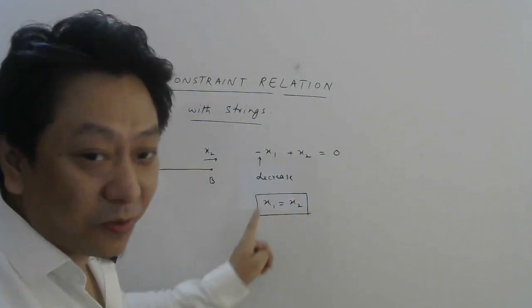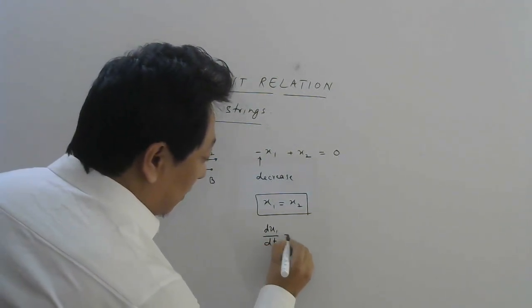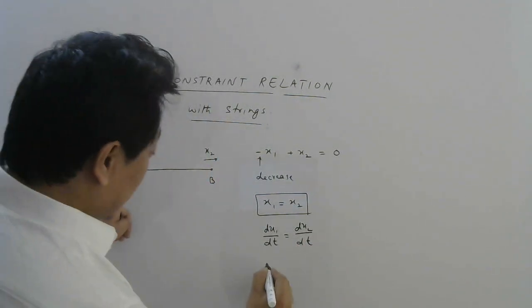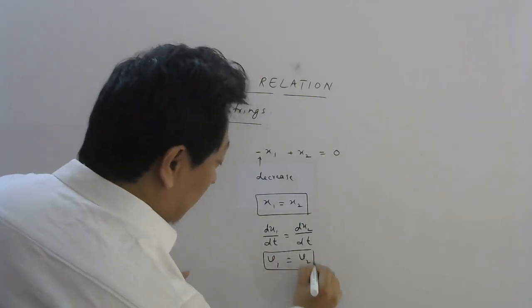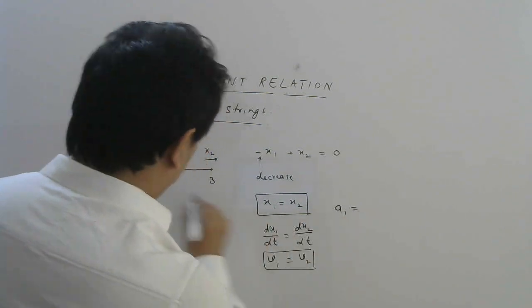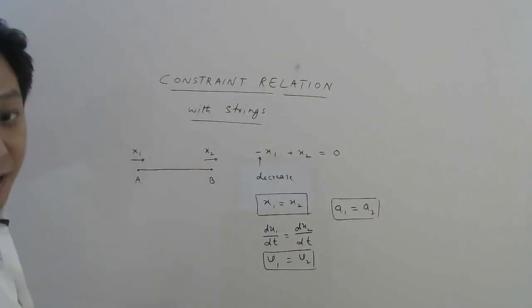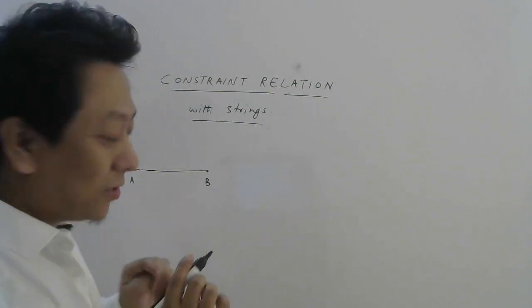Now if I take differentiation of this, I will get dx1 by dt equal to dx2 by dt, and that will give me velocity of this end must be equal to velocity of this end. If I take one more differentiation, I will get acceleration of this end should be equal to acceleration of this end, right?